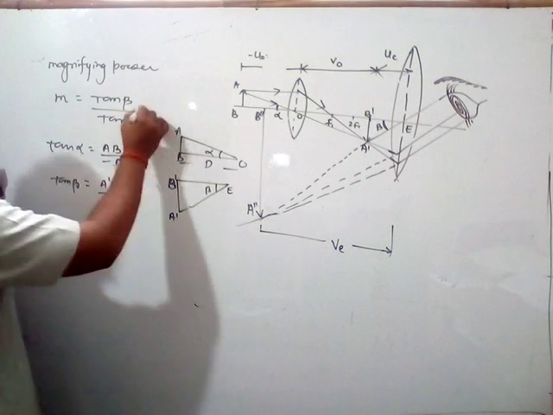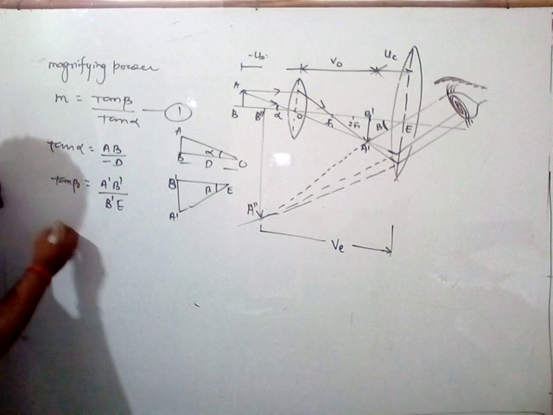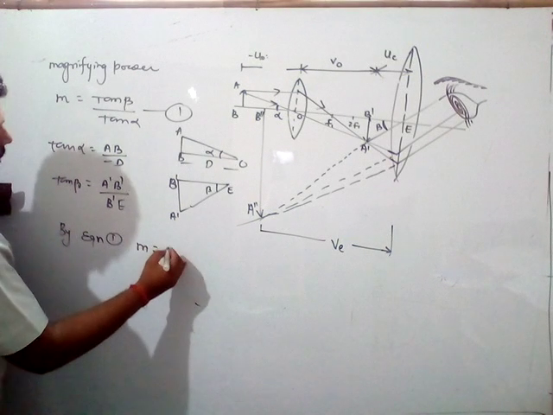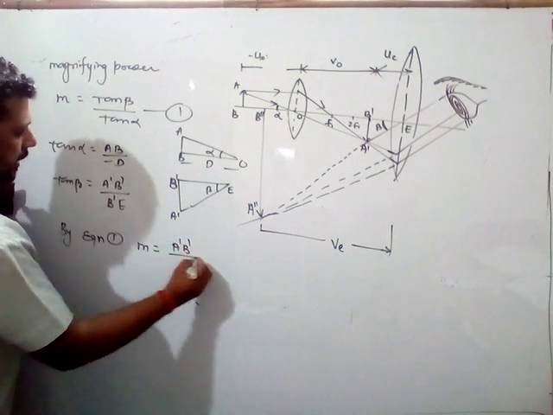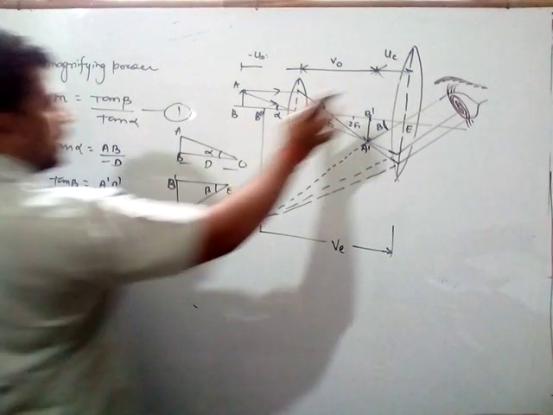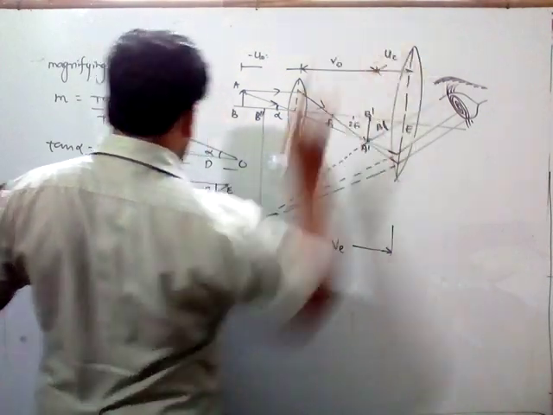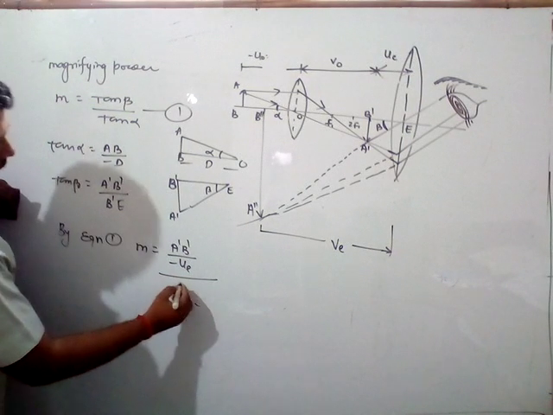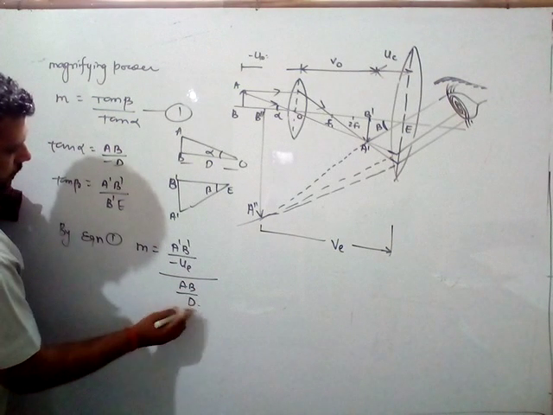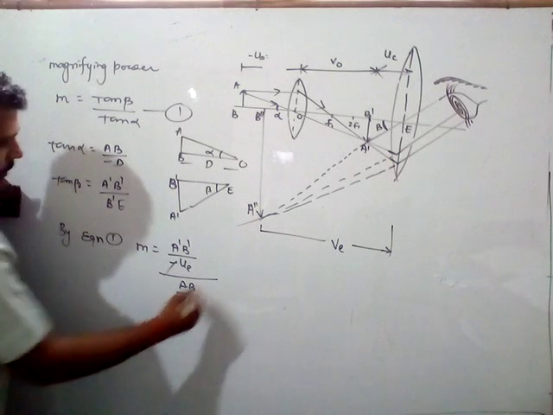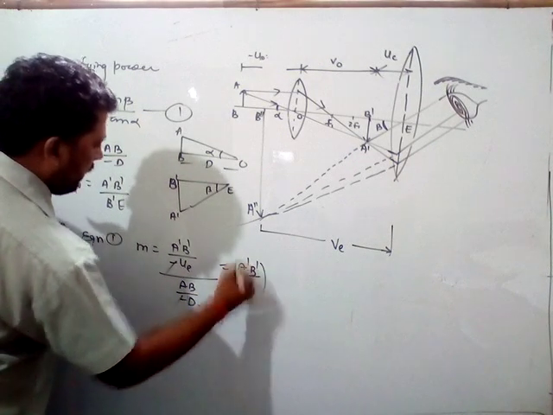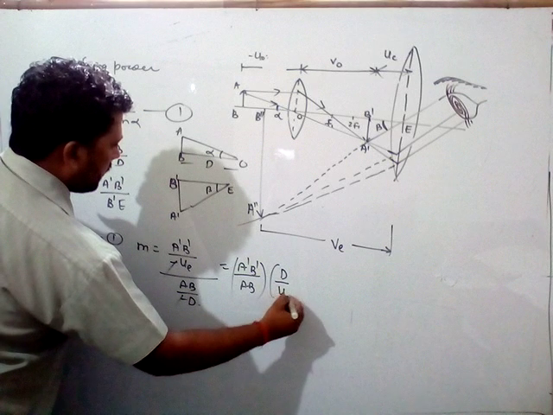So putting this value in equation first, m is equal to A'B' upon B'E, that is equal to A'B' upon AB into D upon UE.